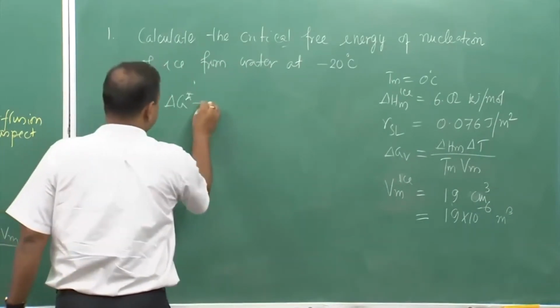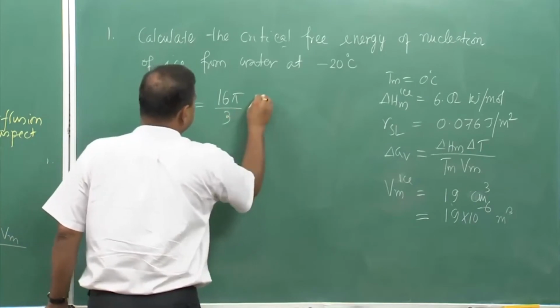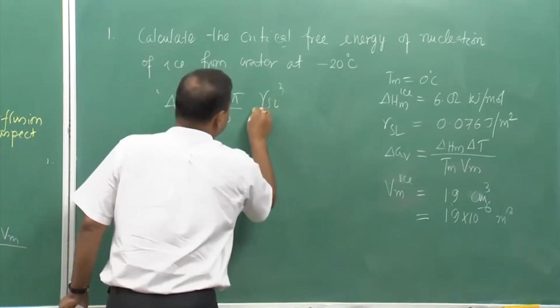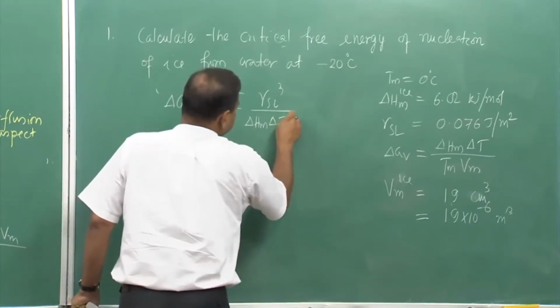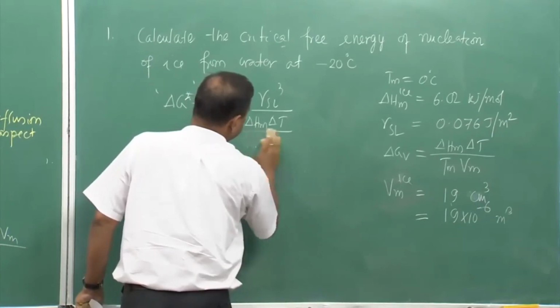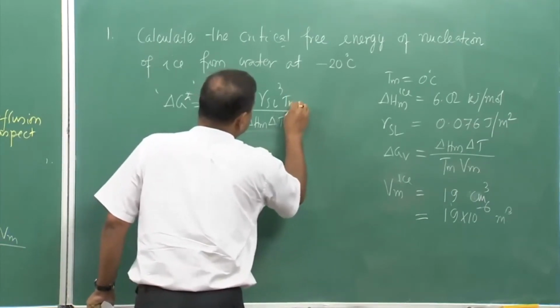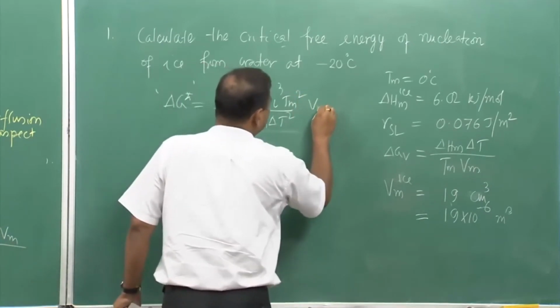Now, this one is 16 pi by 3, gamma SL cube, delta HM delta T by TM, all squared, Vm square.